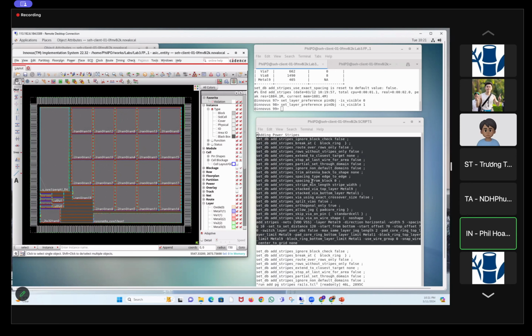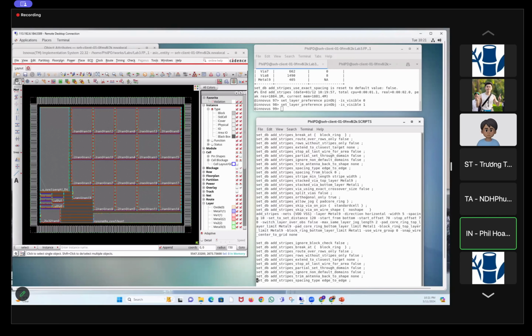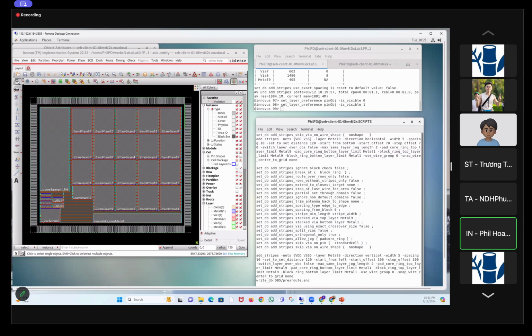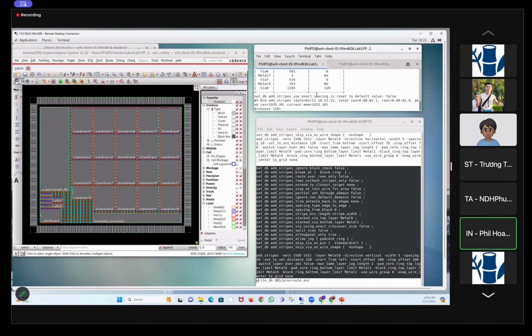The horizontal stripes, and then we have the next one. What does it do? Yeah. So the next one says do metal 8 for me vertical, right? And with all the width and spacing, etc. So it does this. So pretty straightforward. But the important thing is that you need to understand what these are for.